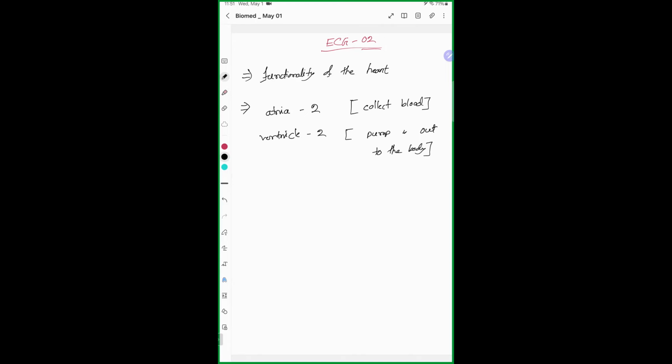So these are the 4 chambers of the heart. They are defined as left atrium, left ventricle, right atrium, right ventricle.